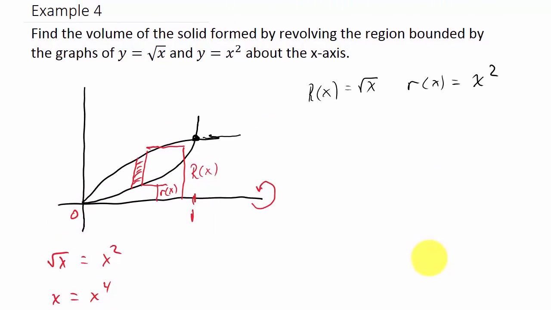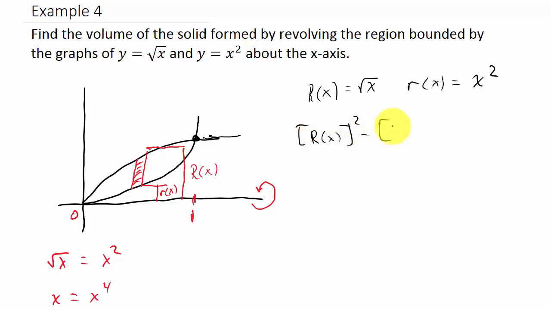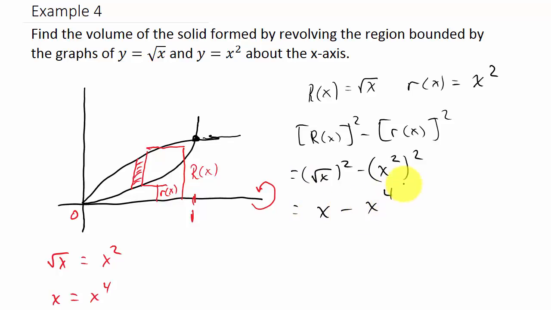Alright, so now I need big R of x squared minus little r of x squared. The big R is square root of x, squared, minus little r of x, which is x squared, and that's squared. So I know this is equal to x minus x to the fourth.